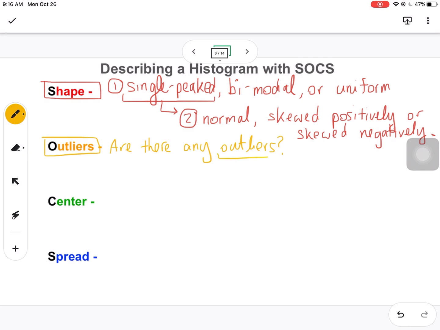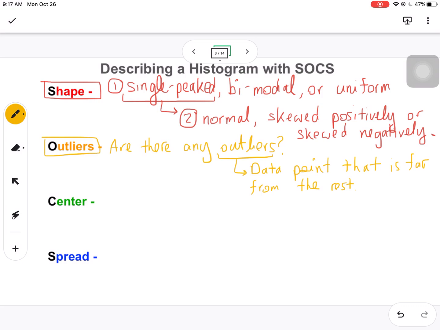And remember that an outlier is a data point that is far from the rest. So it stands out because it is not where most of the data is. It's like really far to the right, really far to the left, or if you have two modes, it might be somewhere in the middle.